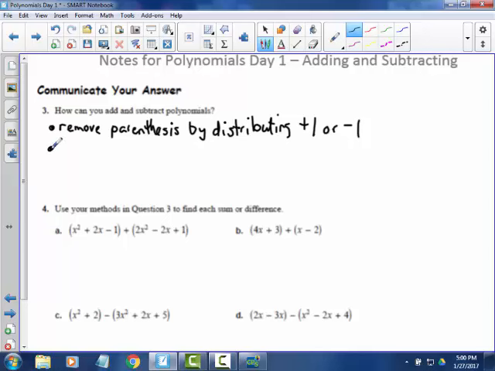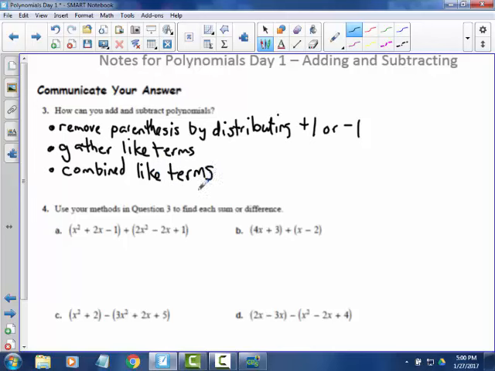And once we remove the parentheses, we gathered our like terms. And then we combined our like terms. And that was pretty much it.